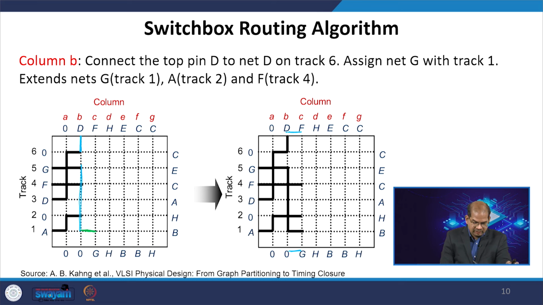Here your G is assigned track 1 and D is already routed, and your A net is running in track 2, then F is running in track 4, and your D is terminated there.